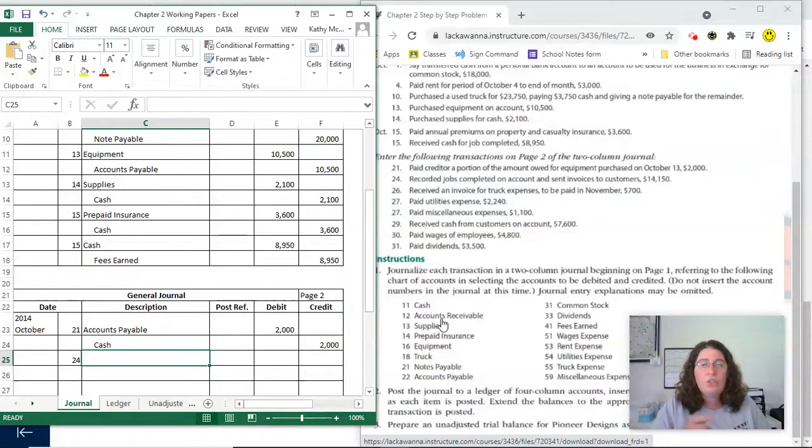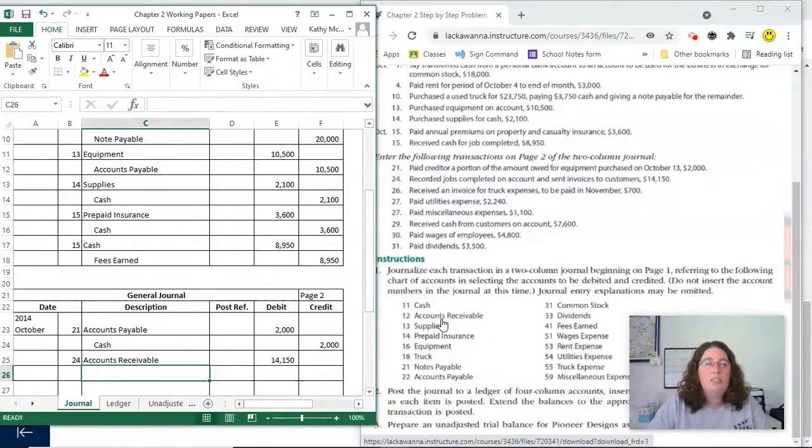So in the case of the 24th, we recorded jobs completed on account and sent invoices to customers, which means we did not receive any cash. We went out and we did work for someone and we gave them a bill. We did not get their cash. We have received nothing from them for doing that work. So this $14,150 becomes an accounts receivable because they owe us money.